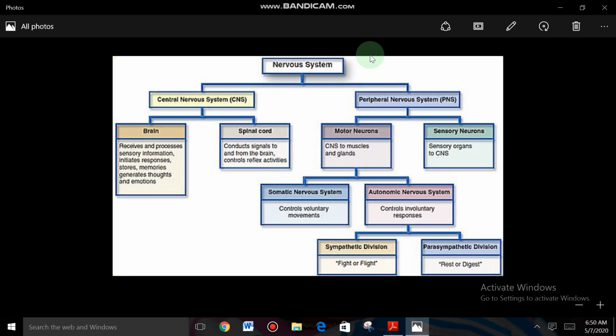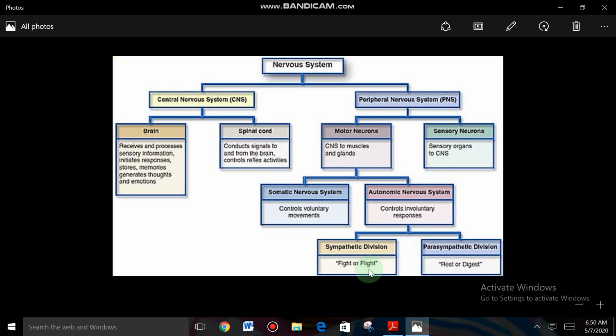So these are the components of the nervous system, the flow chart of the nervous system, CNS and PNS. The CNS components are the brain and spinal cord, and in the PNS there are the somatic and autonomic nervous systems, which are led by motor and sensory neurons. Motor neurons are also called efferent neurons, and sensory neurons afferent neurons.